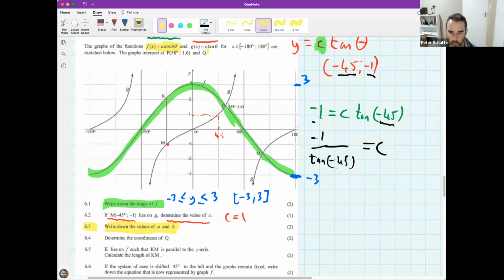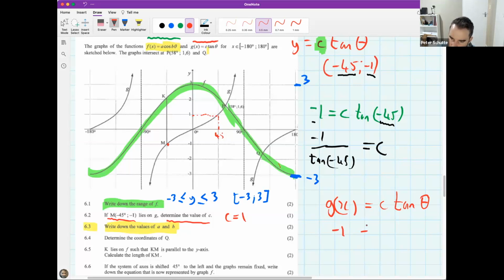So for 6.2, what I did was I said, look, the graph G, which is this graph up here, G of X is equal to C tan theta. And I'm trying to figure out what C is. And I took a point that is on this graph, which is -45, -1.